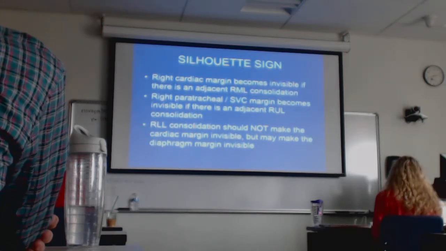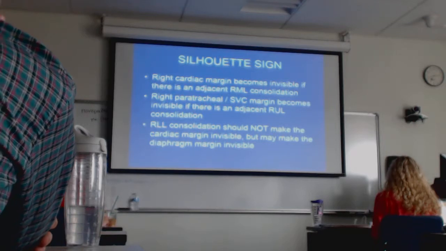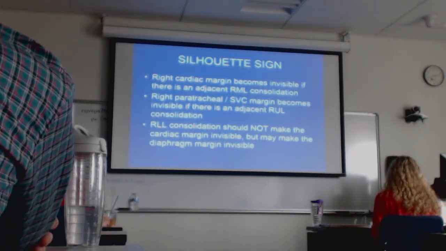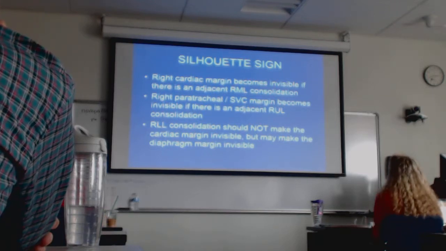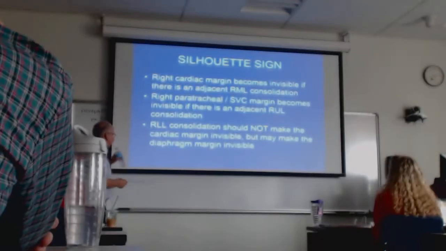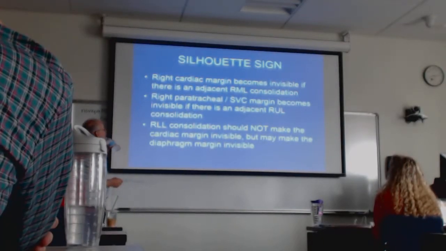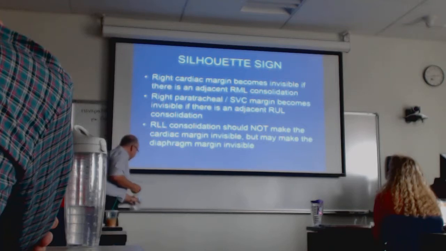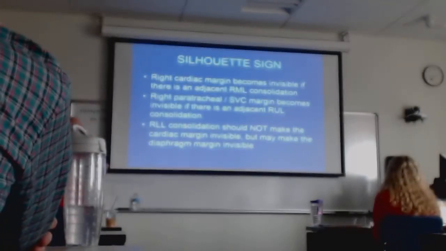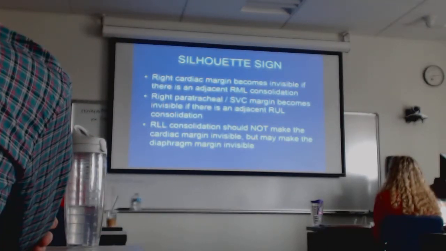The right paratracheal and superior vena cava margin becomes invisible if there's a right upper lobe consolidation. And in the right lower lobe, if there's disease there, the cardiac margin should not be invisible, but the diaphragm may become invisible. So think about this a little bit, and when you're looking at the books and looking at the pictures, try to get those spatial relationships in your mind.